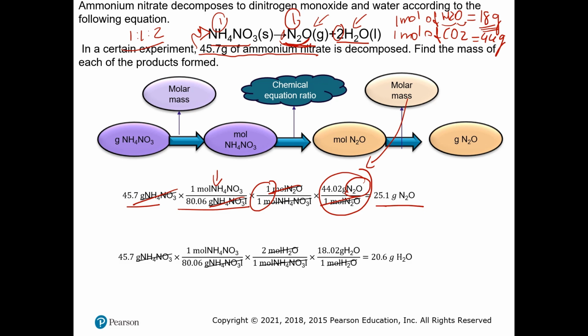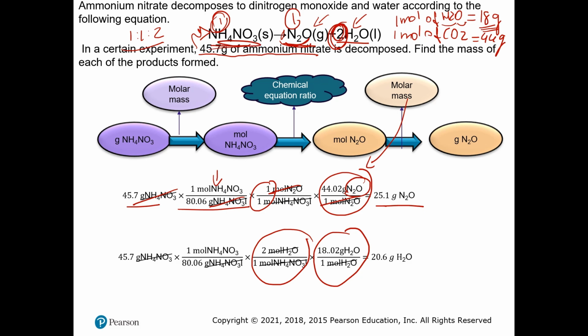The only thing that will change here is the mole ratio and the molar mass, because now the molar mass is that of water, 18 grams, and here's the mole ratio, 2 moles of water. Look here, 2 moles will be produced if you have 1 mole of ammonium nitrate. So it's easy to find the mass.